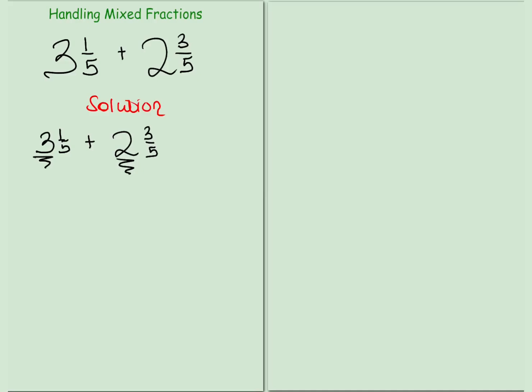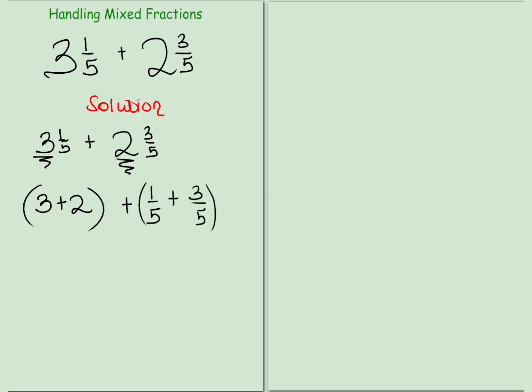So for the first one, we are going to add 3 to the 2. That is these whole numbers. This is the 3, this is the 2. After which, we then add the fractions. So we have 1 over 5 plus 3 over 5.